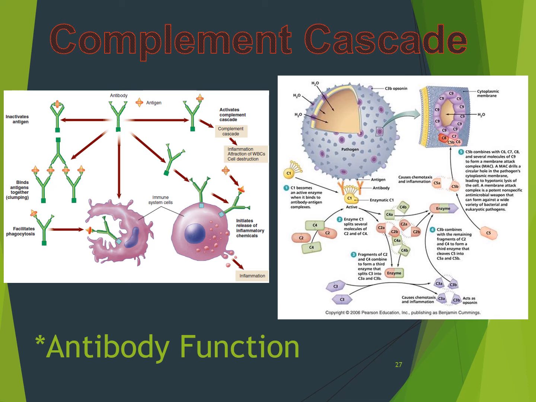I have two images here, and the reason I have the image on the right is because it shows that some of those enzymes in that complement cascade are called C4 enzymes. We don't really need to know what these enzymes are called, but I think it helps us to remember that these complement enzymes that we're going to refer to as C4 actually cause the invading cell to explode.